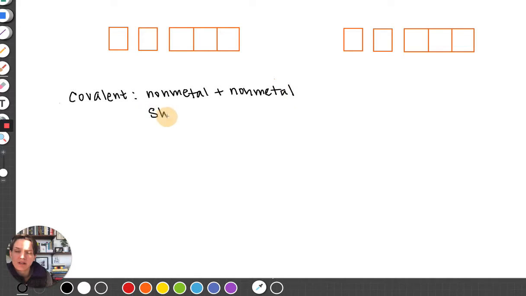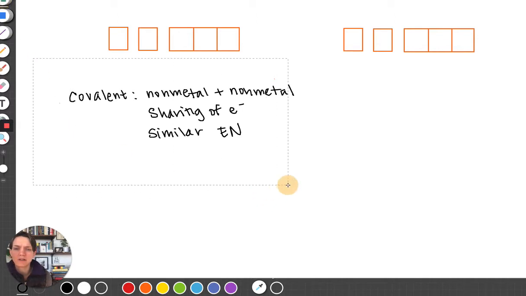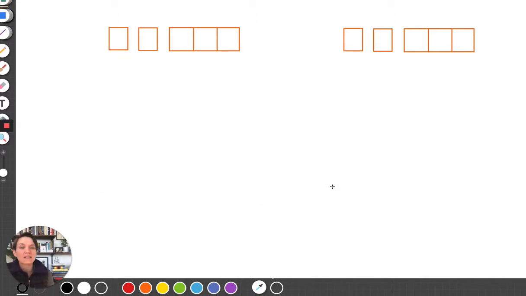You have the sharing of electrons. And you have similar electronegativities. Okay, so key principles that you've known for a long time about covalent bonds. Now let's see it in the context of our electron configurations and orbital diagrams.